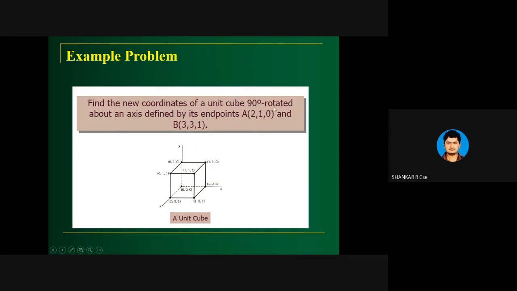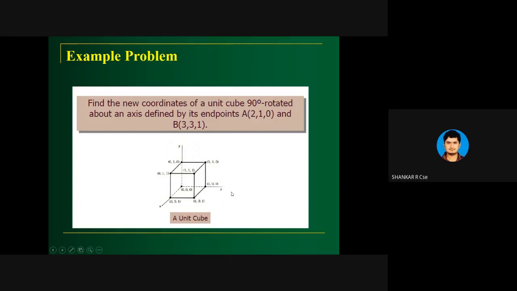He continues the question, says rotate this cube about your own axis, that is your arbitrary axis, which has the endpoints 2,1,0 and 3,3,1. You can draw a line here. So this is your x1, y1, z1, P1, and x2, y2, z2 is 3,3,1.